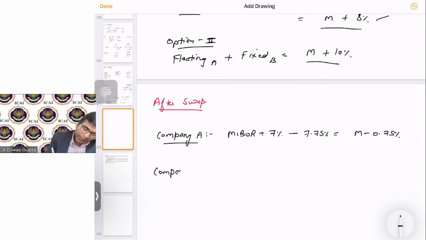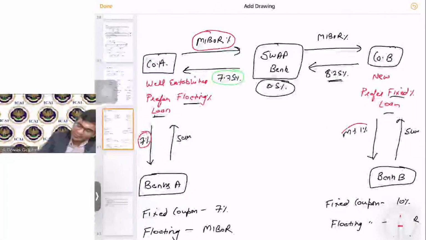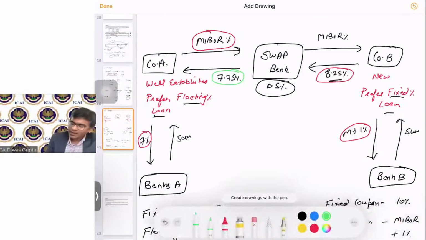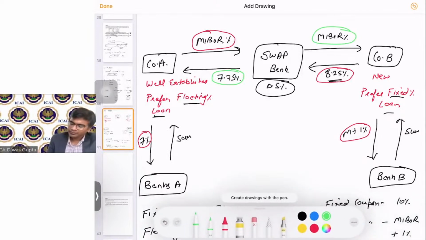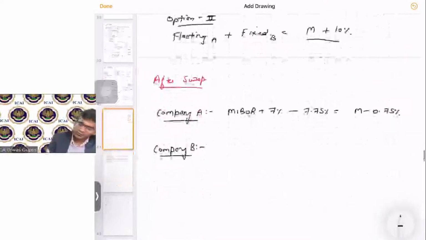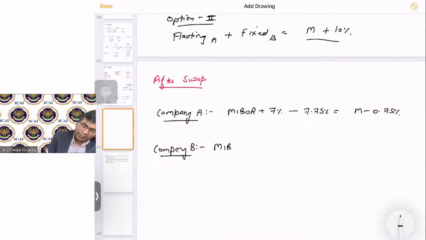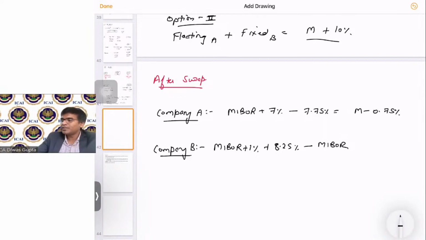Now let's talk about company B. Company B is actually paying this amount to the bank, which is MIBOR plus 1%. It is also paying 8.25 to the swap bank. And at the same time, it is receiving MIBOR. MIBOR plus 1% is the first payment. 8.25 fixed is the second payment, minus MIBOR that it is receiving is the receipt.